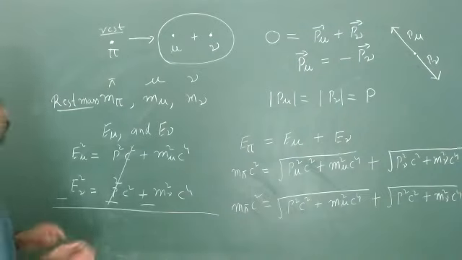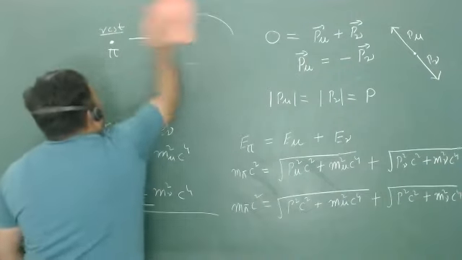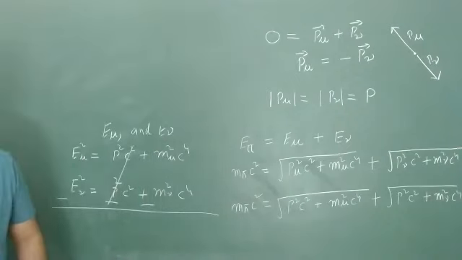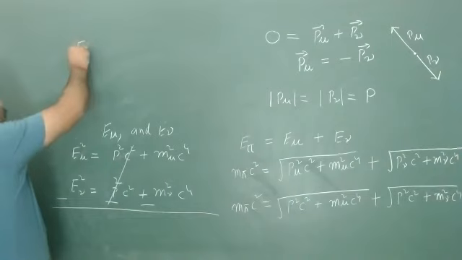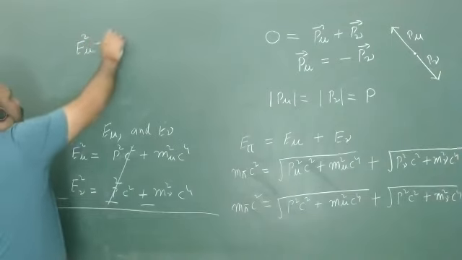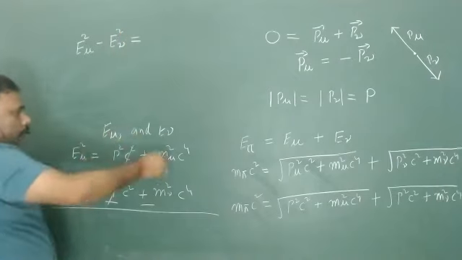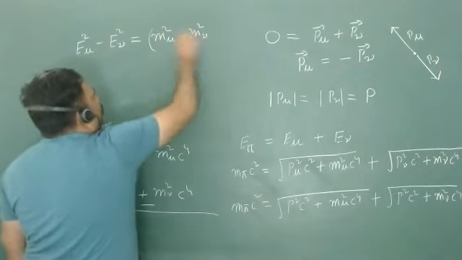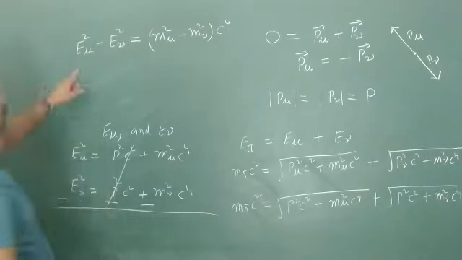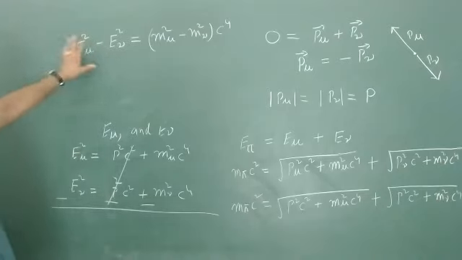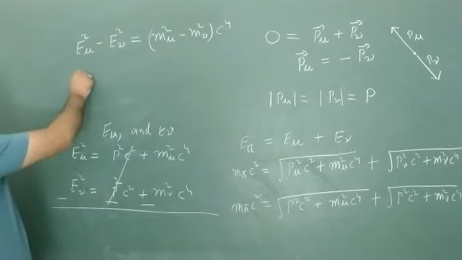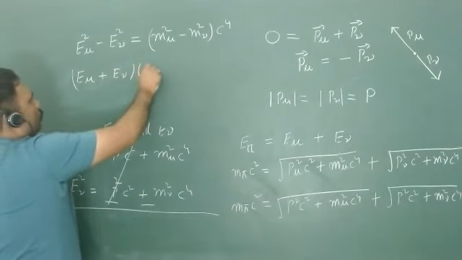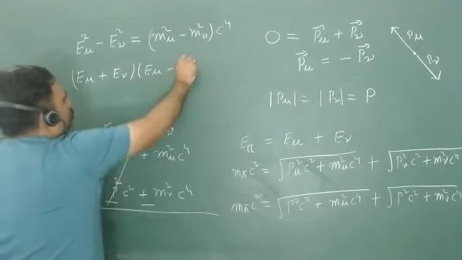So let's go for E_μ² − E_ν² = (m_μ² − m_ν²)c⁴. And this I can write in A² − B² form, and that will be (E_μ + E_ν)(E_μ − E_ν), isn't it?